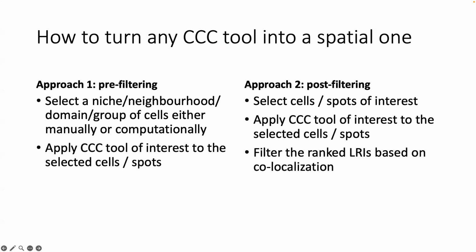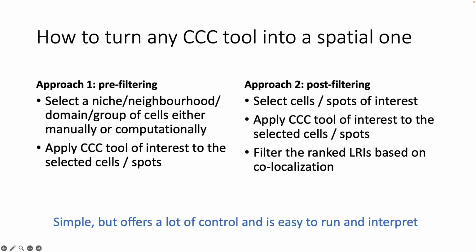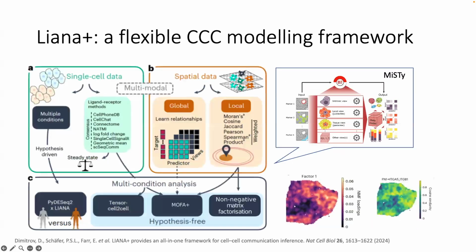So these are very general ways of making a spatial cell-cell communication algorithm. It's often simpler than using some of these complex spatial cell-cell communication tools. It offers you a lot more control over what is happening in the process, and it's often also easier to interpret.